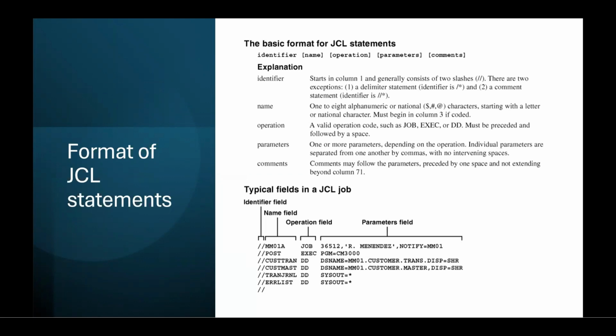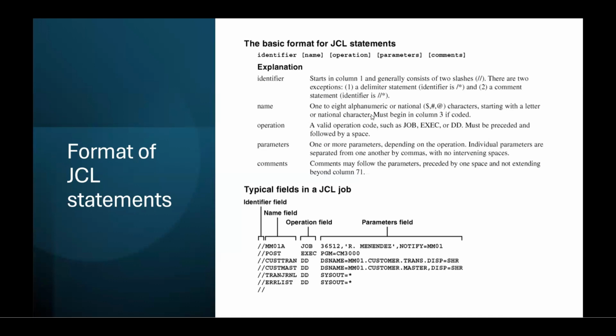One, a delimiter statement, which is the forward slash star, and another one is the comment. So whatever you have written as a forward slash is marked as an identifier field. Anywhere you hear the term identifier field, that means the forward slashes. Just keep that in mind for all the fields.